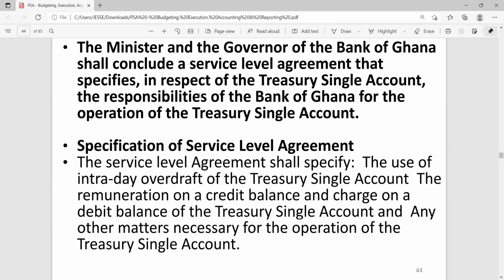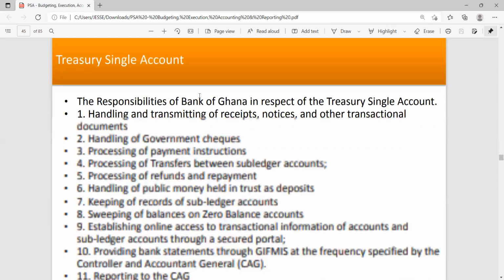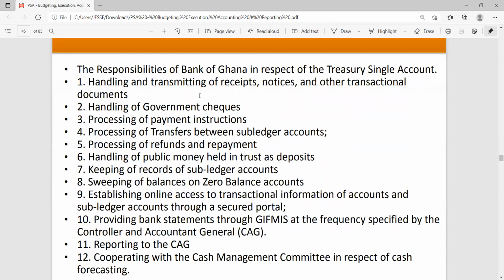Number two, the remuneration on a credit balance and charge on a debit balance of the Treasury single account, so there needs to be an agreement on that. And any other matters that are necessary for operating the Treasury single account. It's very, very crucial, very important.